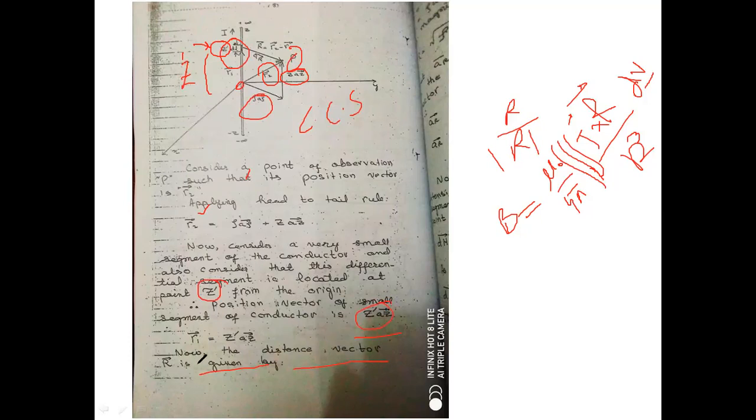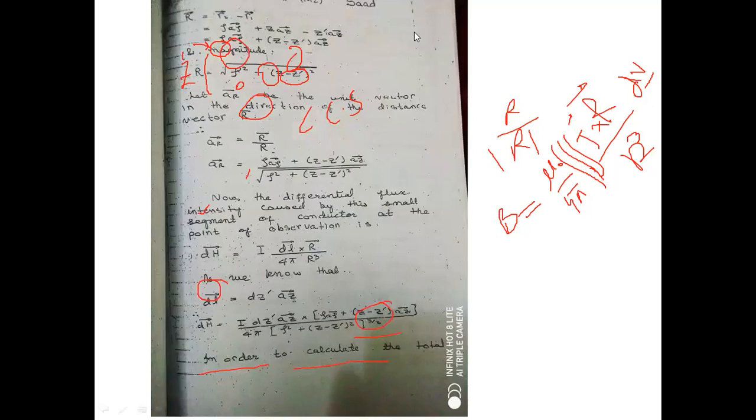Now the distance vector R is given by R equals R2 minus R1. Putting the values of R2 and R1 from the previous equations: R2 was equal to rho a_rho plus z a_z from the head-to-tail rule, and R1 is z dash a_z, the height of the small segment of the current carrying conductor.